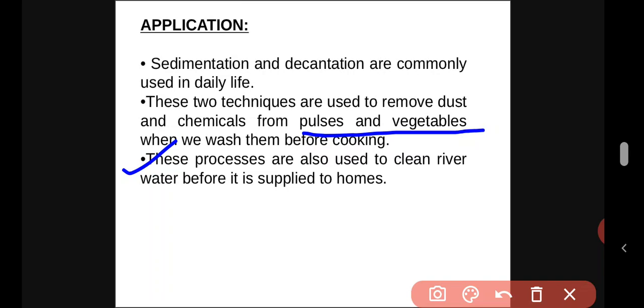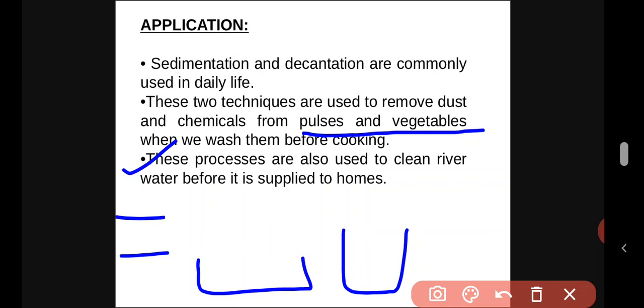What basically happens in this case is that the river water, whatever comes from the river, you can see there are three things out here. The river water is put into the sedimentation process.